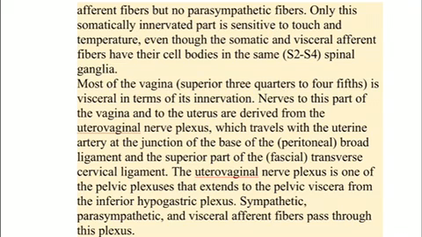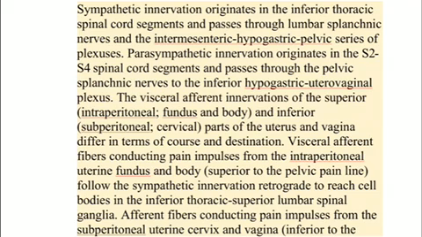Now, sympathetic innervation of the uterus and vagina. Sympathetic innervation originates in the inferior thoracic spinal cord segments and passes through lumbar splanchnic nerves and the intermesenteric hypogastric pelvic series of plexuses. You also have parasympathetic innervation originating in the S2 to S4 spinal cord segments.